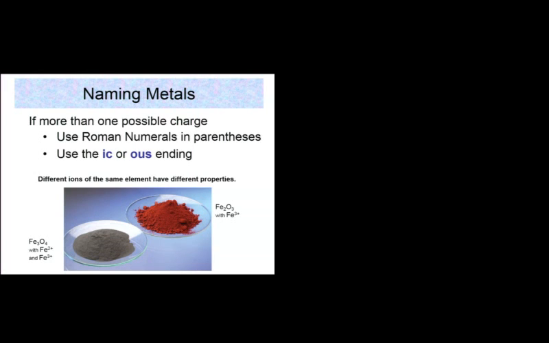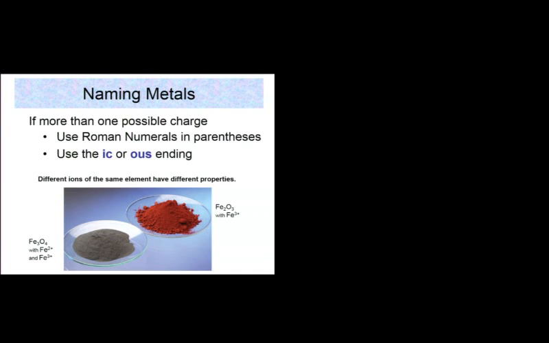For example, if we're talking about copper 1 chloride, we would write that CuCl. Copper 2 chloride is CuCl2. Again, that Roman numeral does not tell us the number of copper ions. It tells us the charge.